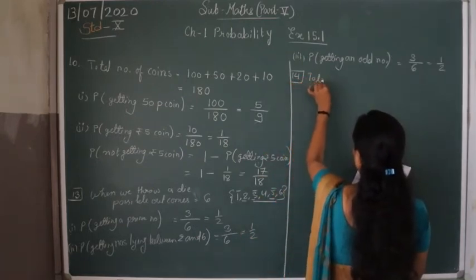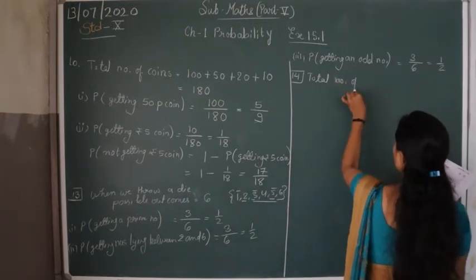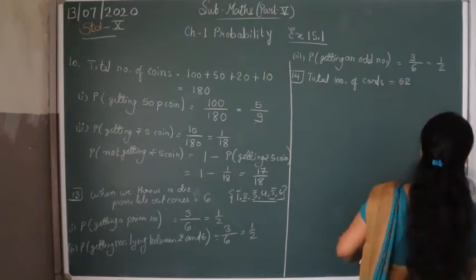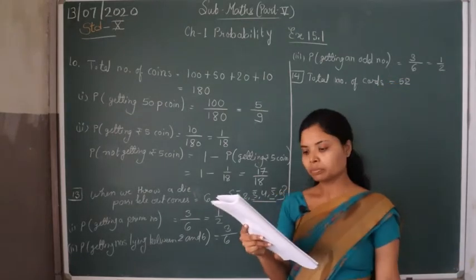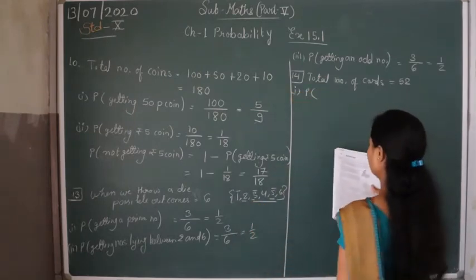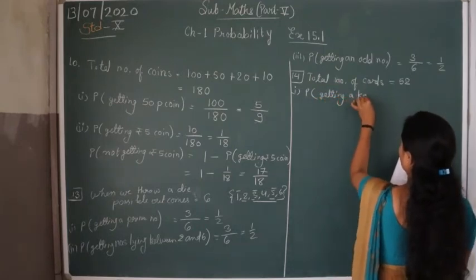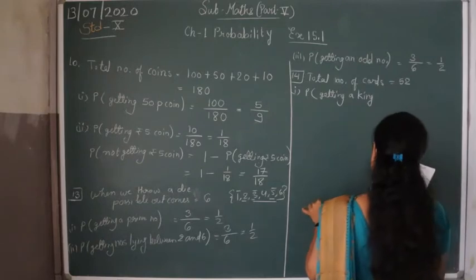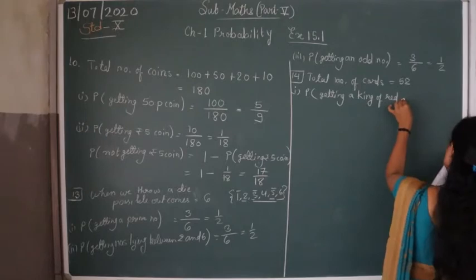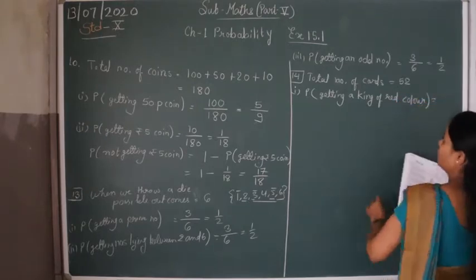First one, how many cards are there? Total number of cards is 52. And the probability of getting a king of red color.